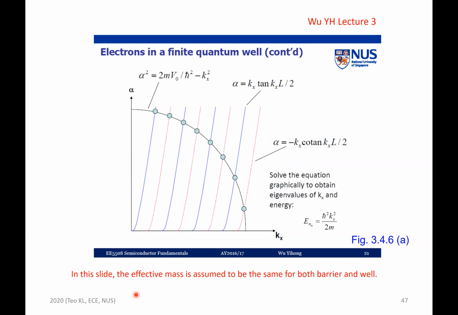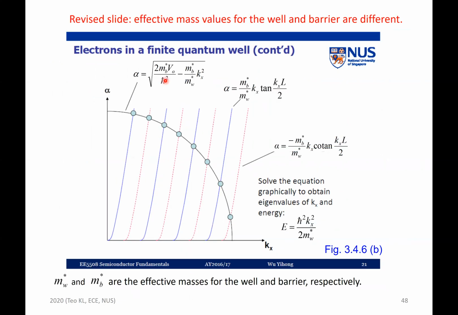Now, I just want to point out that in Prof. Wu's course, the effective mass m is assumed to be the same for both the barrier and the well. In the revised slides, in the practical sense for semiconductors, the barrier and the well are of different material. The well is gallium arsenide. The barrier is aluminum gallium arsenide. So you expect the effective mass for the well and the barrier to be different.